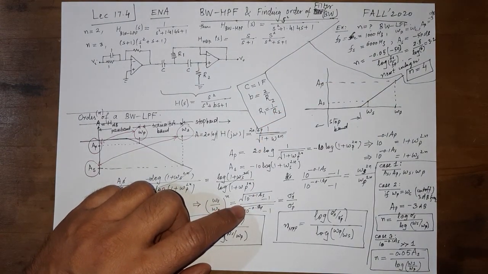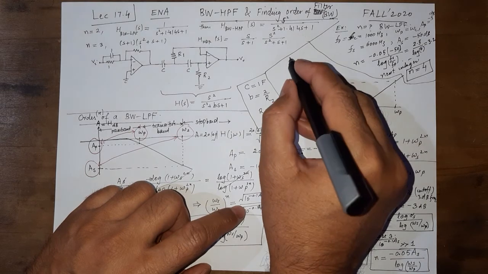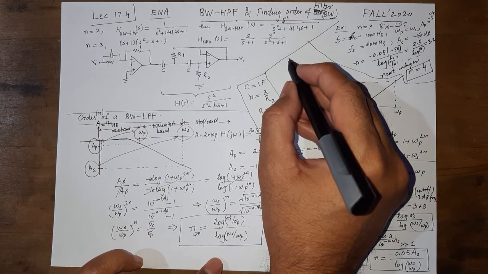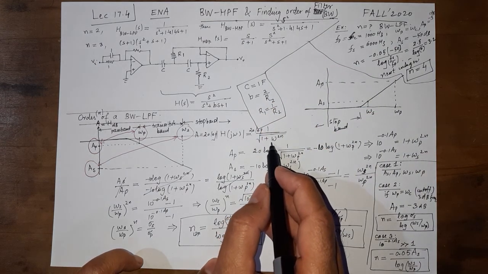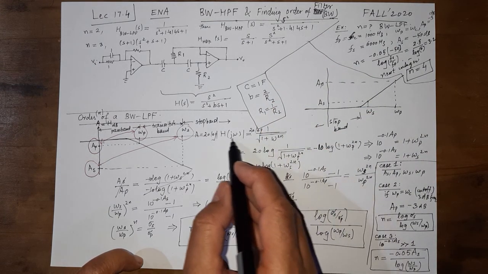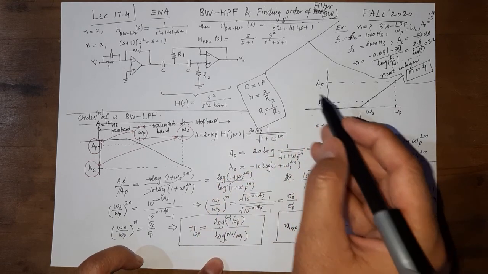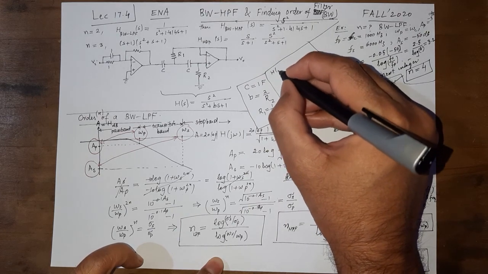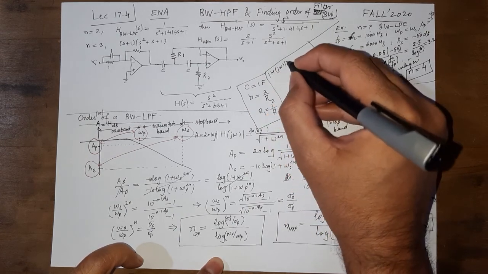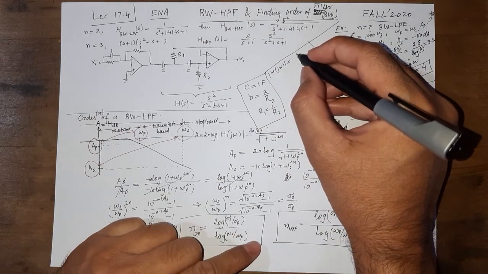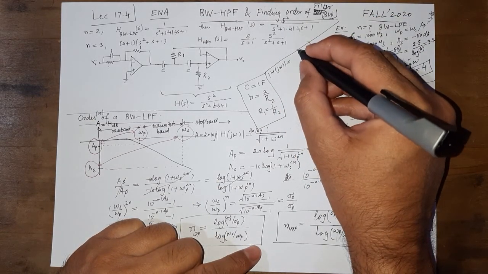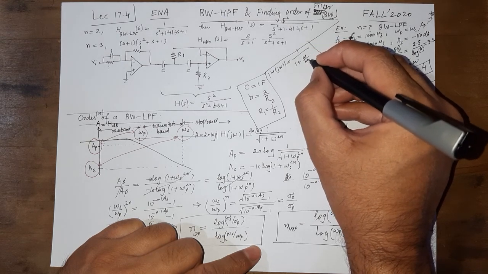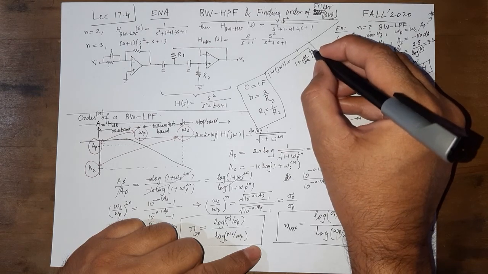So how can we find this? Remember the magnitude response. The expression for the magnitude response is 1 over the square root of 1 plus omega over omega c to the power 2n.